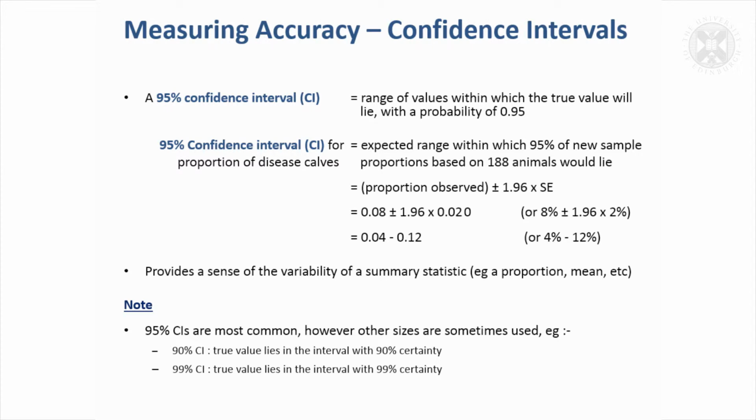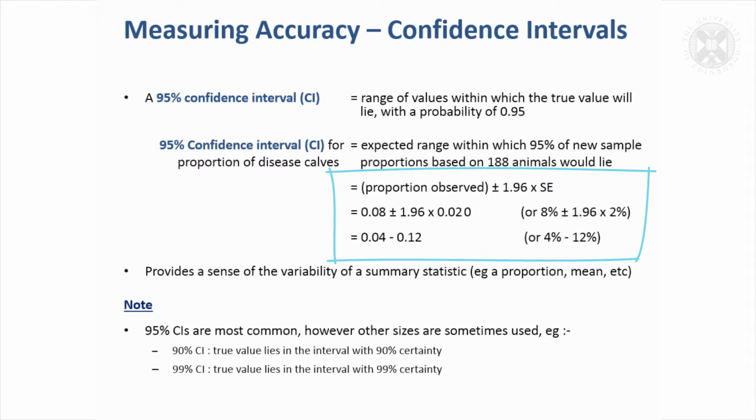And just as we had for continuous data, we can also give a confidence interval to our proportion, and it's calculated in exactly the same way. Instead of the mean, we have the proportion, and we just say plus or minus 1.96 multiplied by the standard error. So that was the same formulae as we had for continuous data.